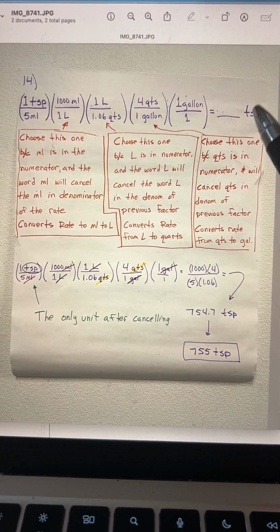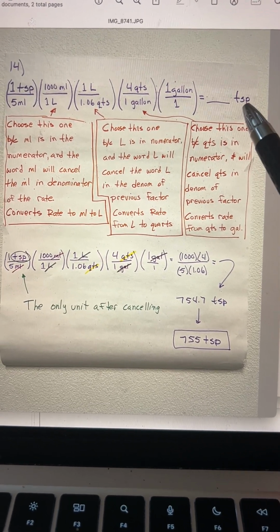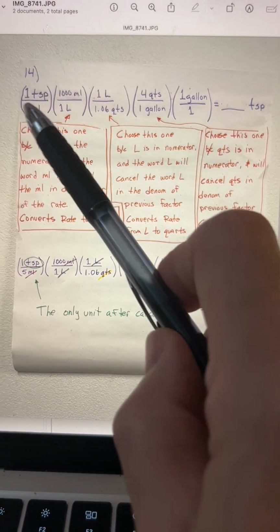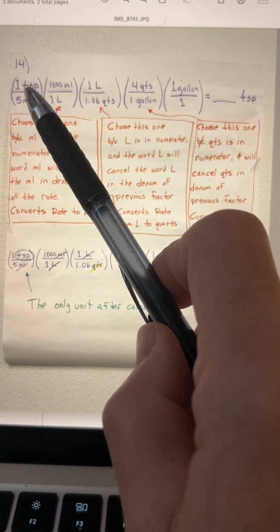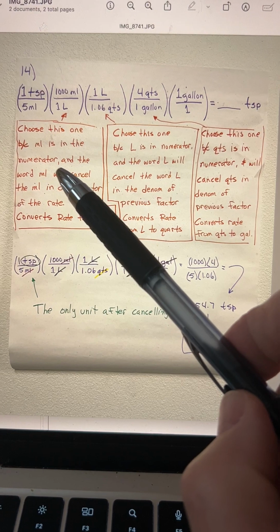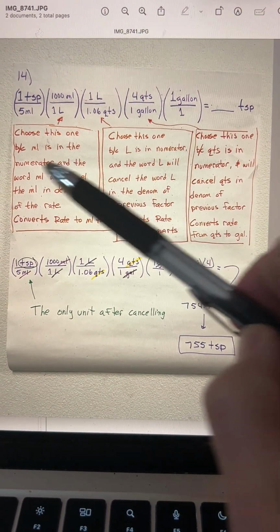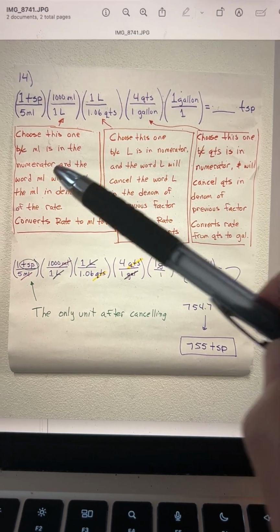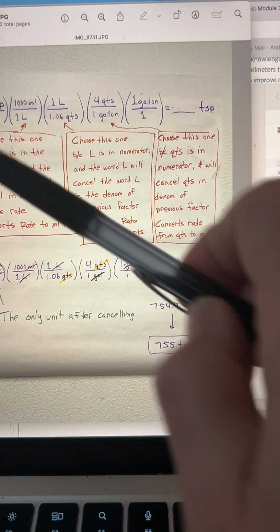I want the answer in teaspoons. I got a blank. And I've started with the 5 on the bottom because I have teaspoons in the top. Now, here's all the reasoning about why I choose what. And I tried to write it in concise terms, but it's a lot.